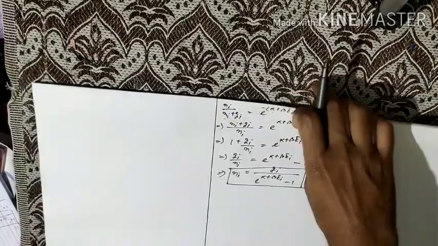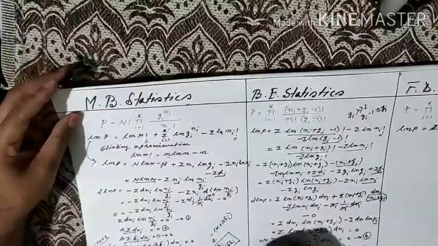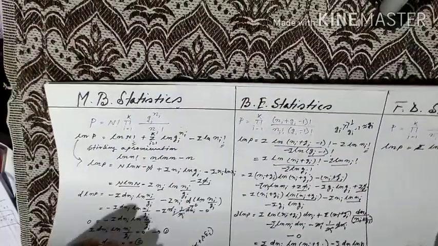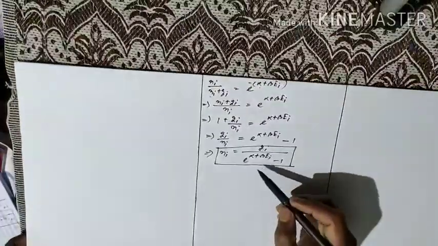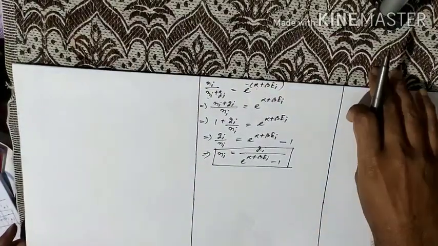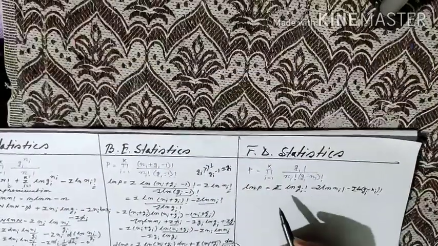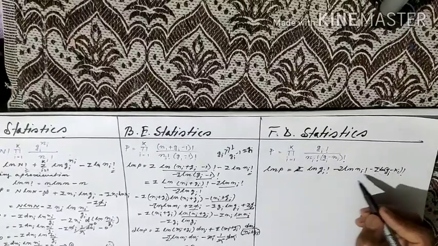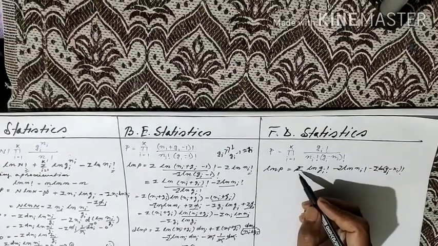Okay, so we have derived here the Maxwell-Boltzmann statistics distribution law, and here we have derived the Bose-Einstein distribution law. Let us now move towards the Fermi-Dirac distribution law. We are doing the same thing, nothing else. Again, you use the Stirling approximation here.